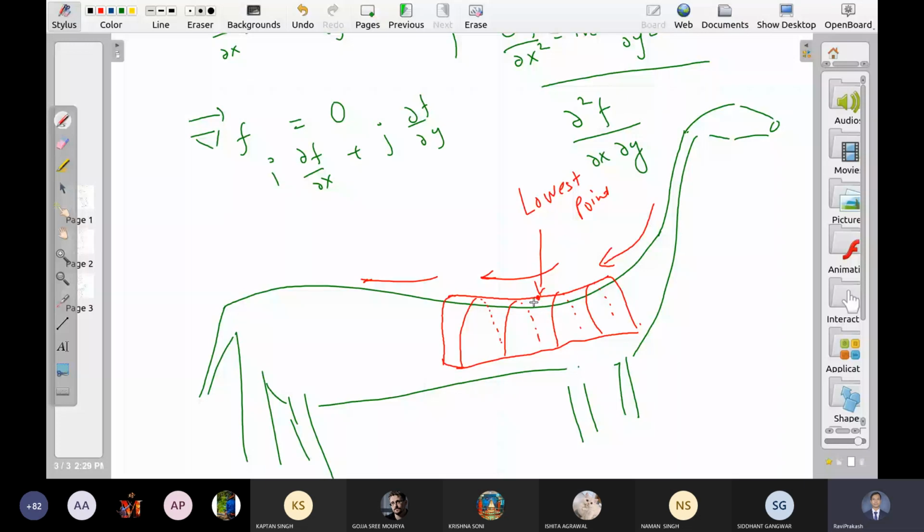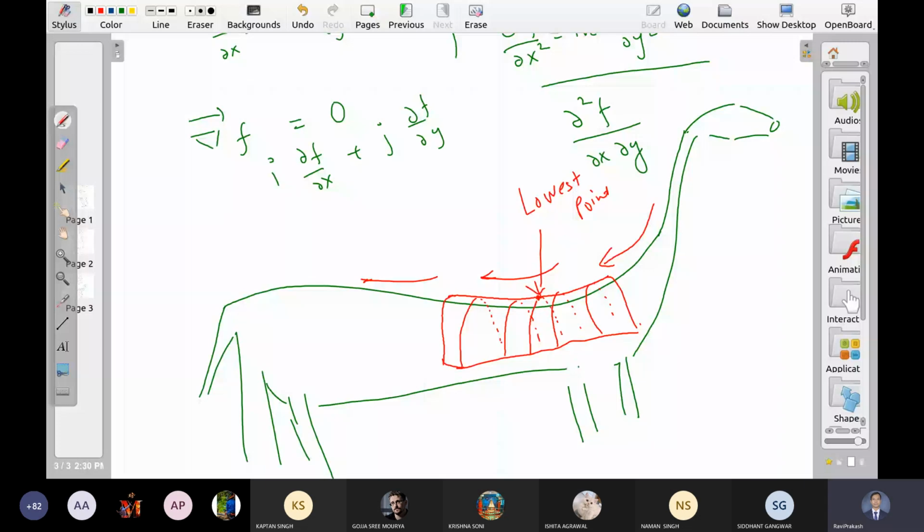But if you go from one side of the horse to the other side, like we are going from this side, then we are going upward, we reach the highest point, and then again we go downward. The same point becomes the highest point, right?